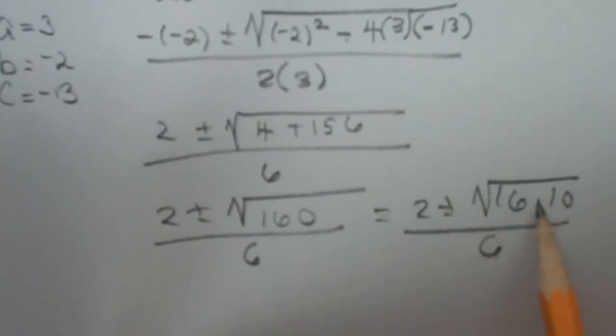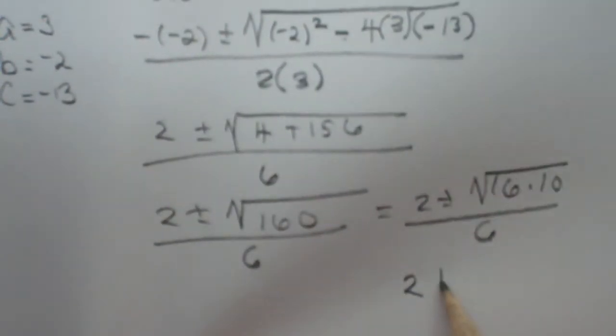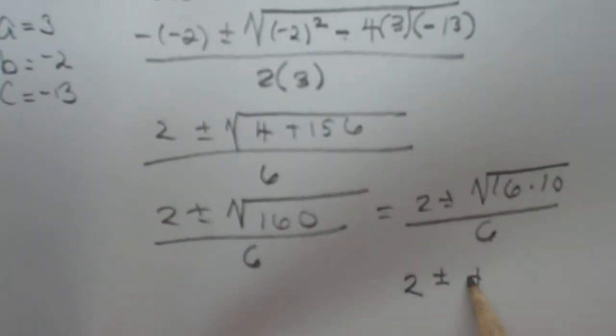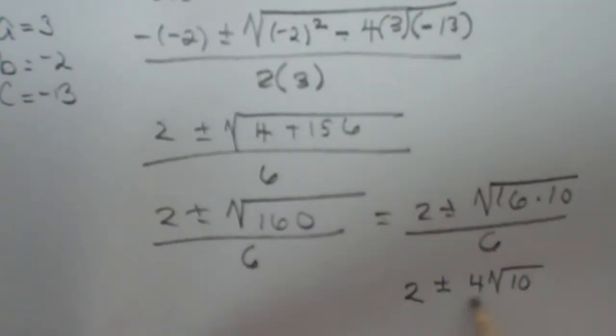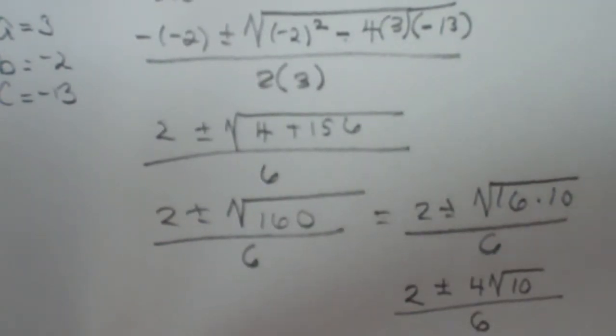But this 16 times 10, you see 16 is a perfect square, so we can bring out a 4, right? The square root of 16 is 4, leaving us that square root of 10. So this becomes 2 plus or minus 4 radical 10, everything divided by 6.